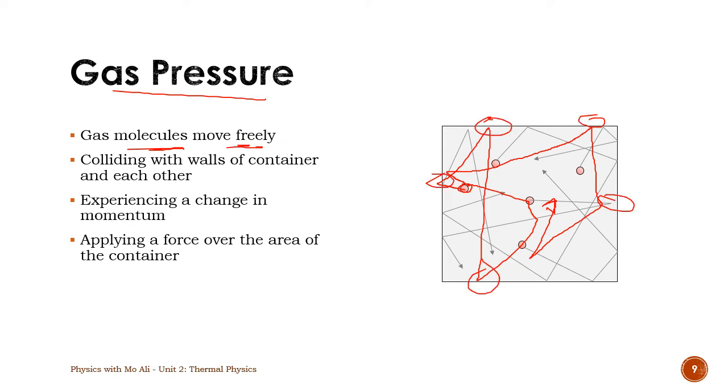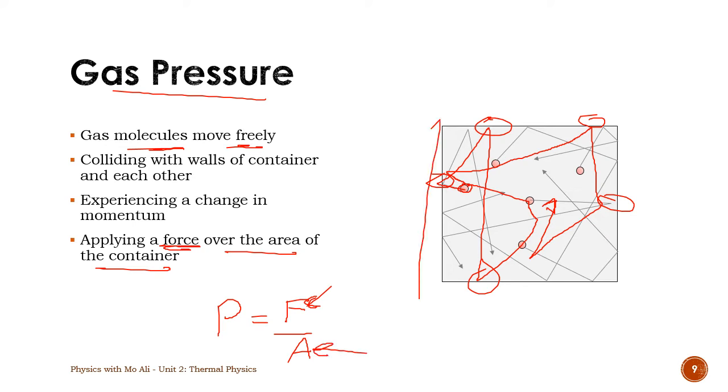And when they hit the walls, they apply a force over the area of the container. Because if you remember, in Unit 1, pressure is force over area. So if you're applying a lot of force over a large area, which is basically all of the container, you apply pressure. And that's how a gas applies pressure.